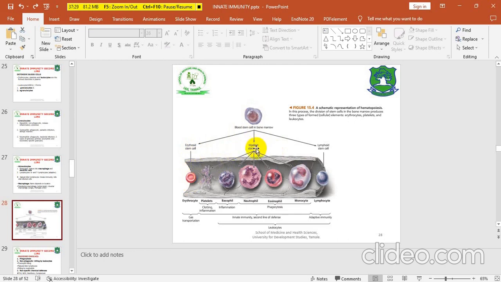Under the myeloid progenitor cells, they have the platelets, the basophil, the neutrophil, the eosinophil, and the monocytes. I may ask you, what are the myeloid progenitor cells? You should know. Then the lymphoid stem cells, they are the lymphocytes, like the T lymphocyte, B lymphocyte, then the natural killer cells.